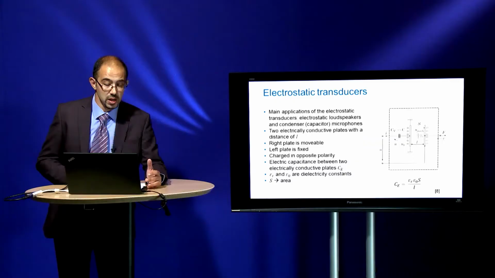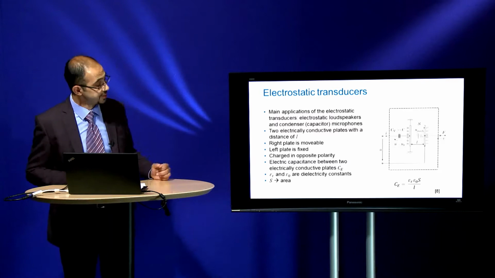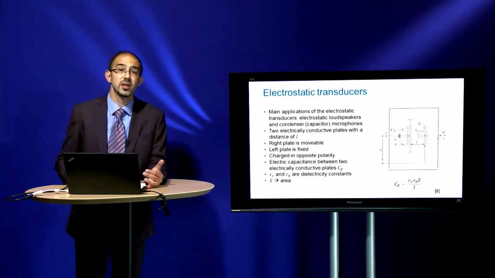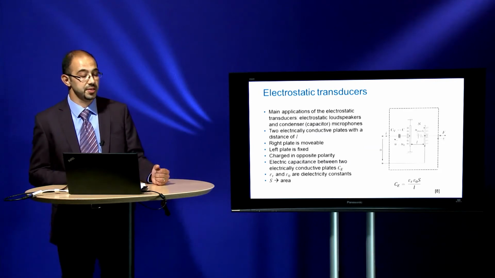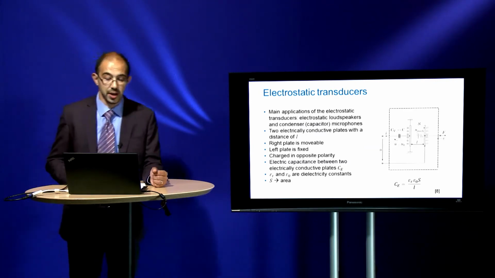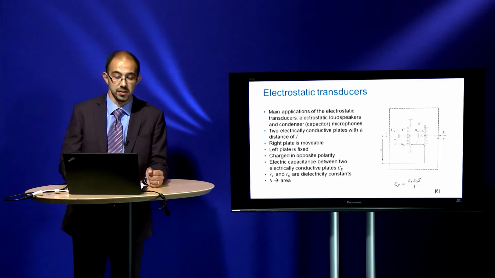If we charge both plates in opposite polarity, of course, we can take into account the electric capacitance between the two electrically conductive plates. And this electric capacitance can be described using the electricity constants and also the area. And of course, the distance between the plates.